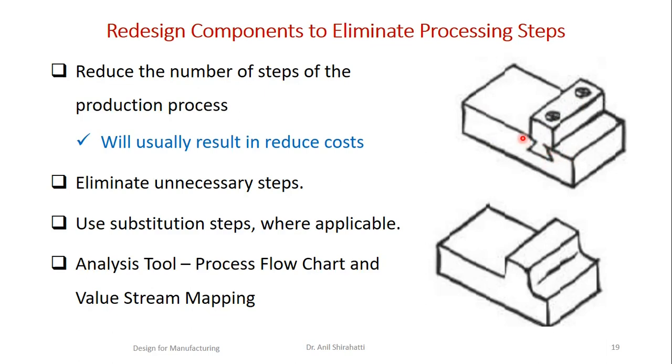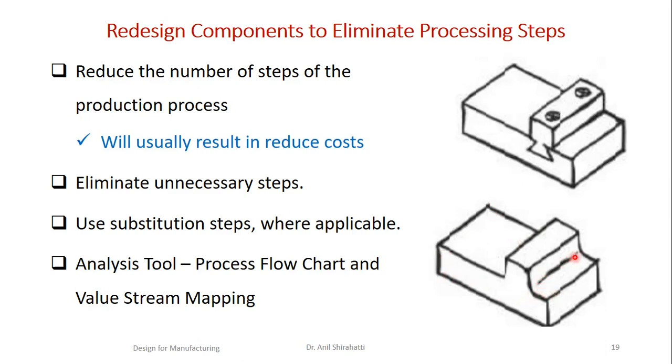Otherwise I have to machine this one, then machine the other, then there must be a proper interference fit, and then it should be locked. If there is no proper clearance, it may not fit, as a slight difference will be there. To avoid this, I can change this to a single process.